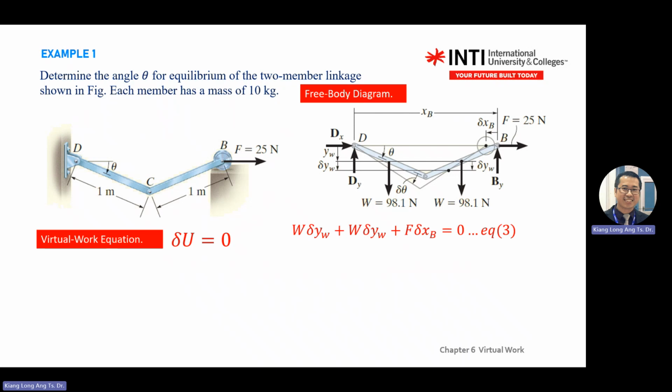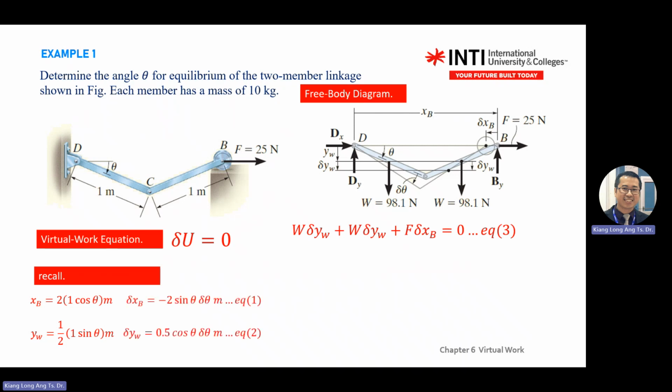You have 2 work here done by the W plus the distance, the 25 Newton work. So you recall all the X, Y, all the things in theta. Substitute back here. Solve the linear equation.